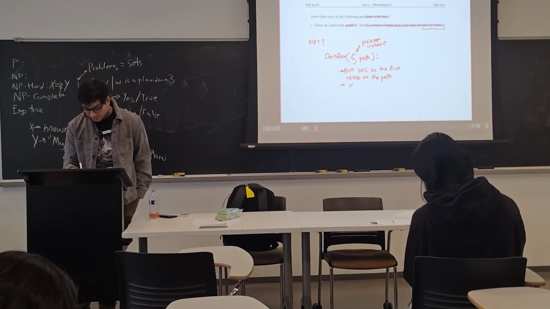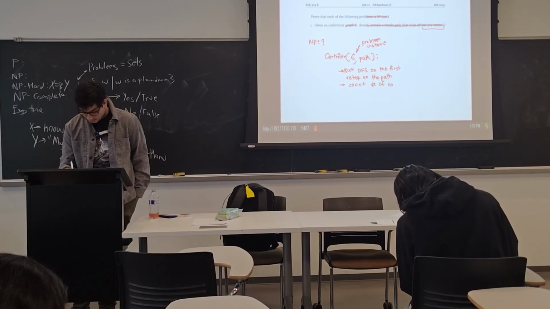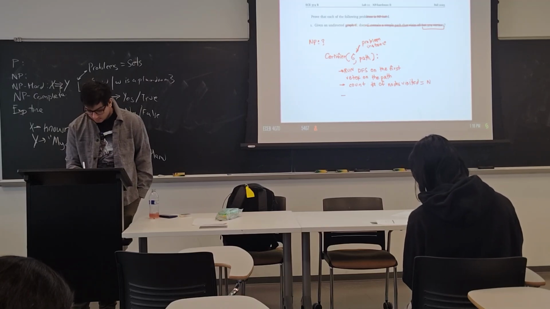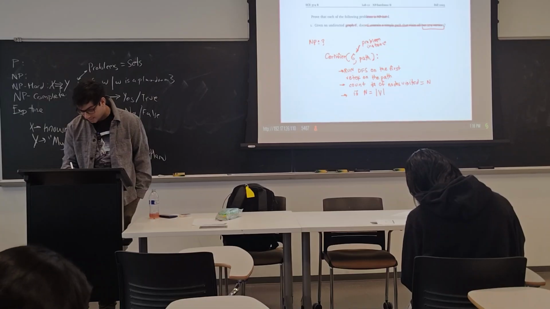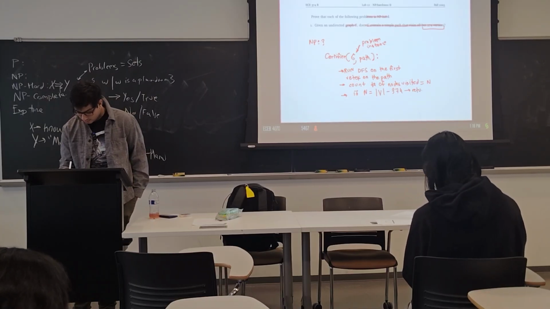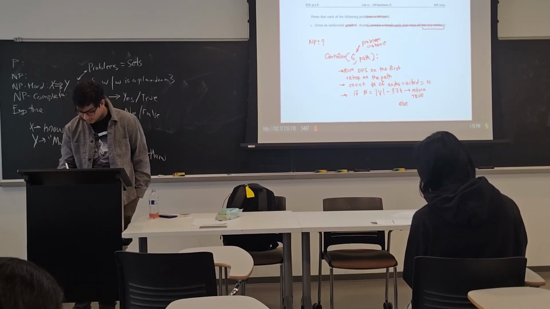Count the number of nodes visited. Let's call this n. If n is equal to the number of vertices in the graph minus 374, return true. Else return false.